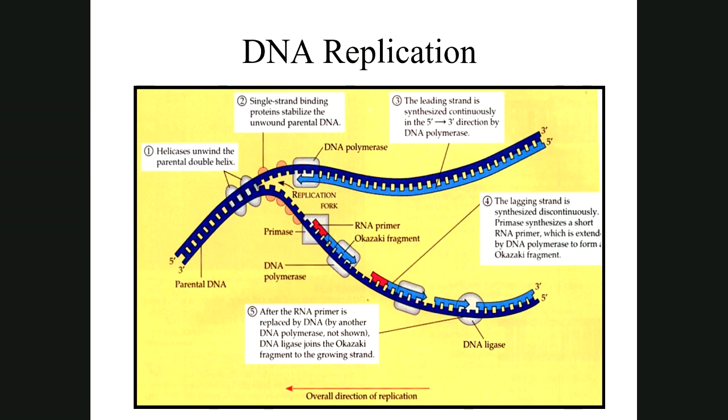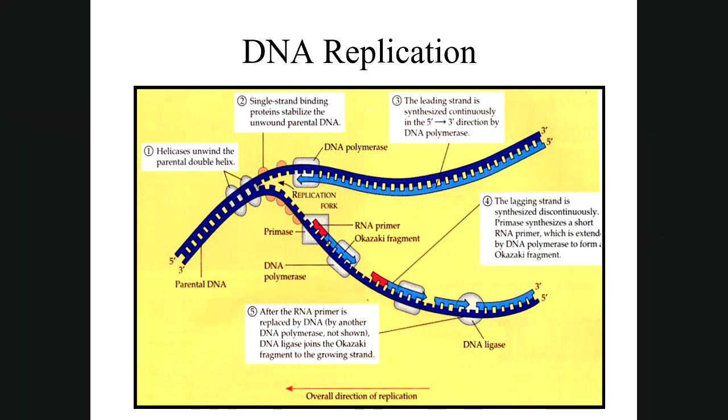Let's look at number 3. The leading strand is synthesized continuously. That means there's no breaks. It flows from the start to the finish in the 5' to 3' direction by DNA polymerase. Both DNA and RNA are laid down in the 5' to 3' direction when they are copied. So look at this little light blue strand.